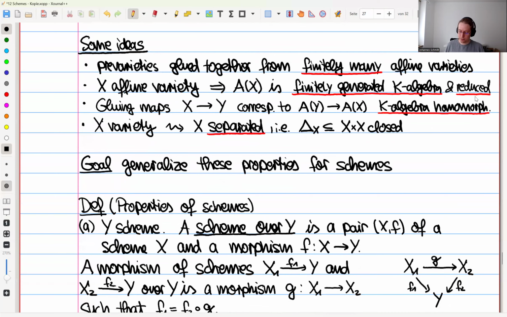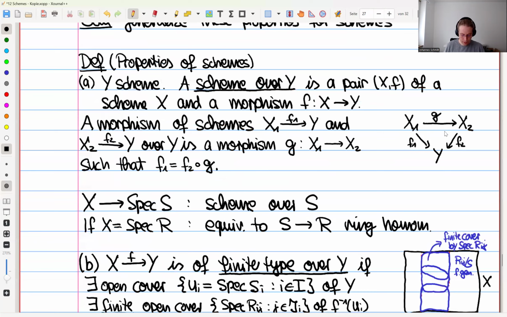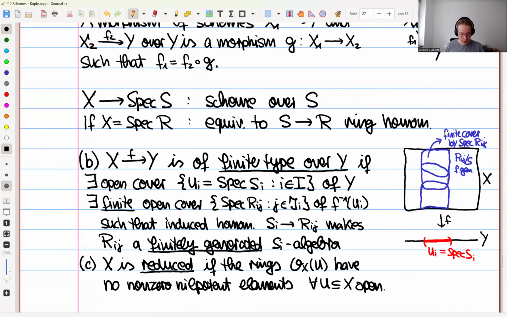And then the last property that we're going to look at is this reducedness. And that is actually very easy. You just say a scheme X is reduced if all of these rings are reduced, right, it's a ringed space. So for any U inside X open, you get this ring O_X(U). And we just want that these rings are reduced, in other words, they have no non-zero nilpotent elements.